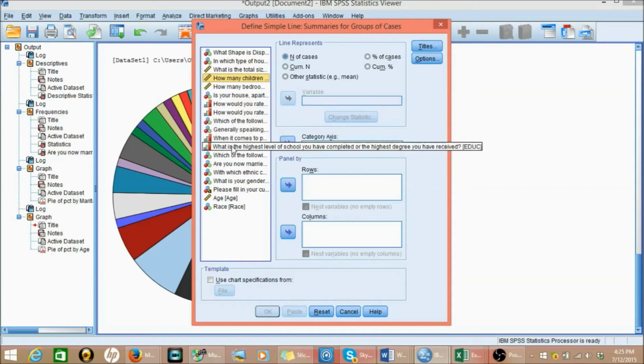Let's go with highest level of school you've completed. And we can either do number of cases or percentage of cases. We can just do number of cases for this one, and we'll hit OK.